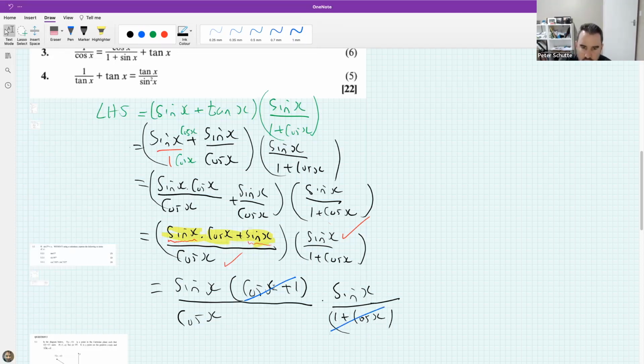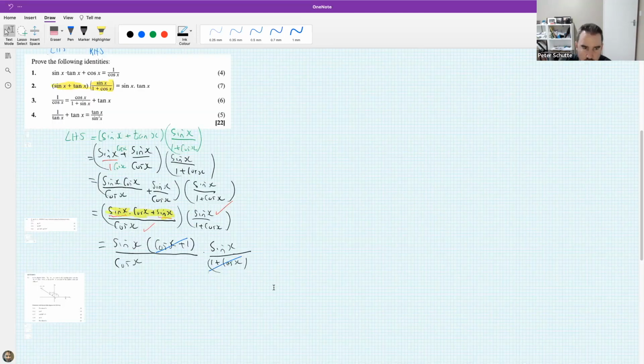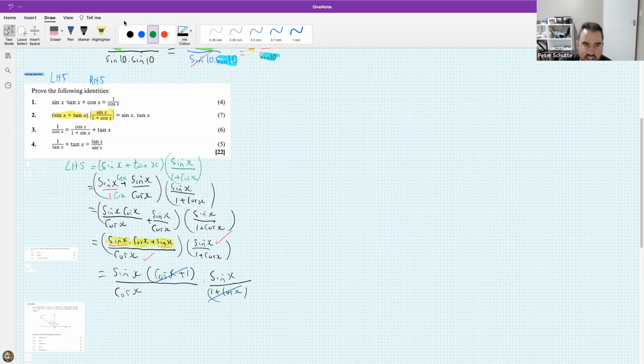Yes. Now, the good thing is it's simplifying a lot, but I need to keep track of where I'm actually heading to. If I look at what I'm trying to get, I'm trying to get sine x times tan x. At the moment, all I've got is sine x times sine x over cos x.